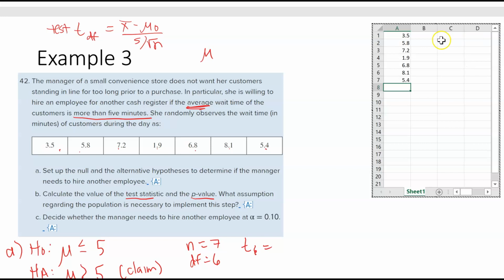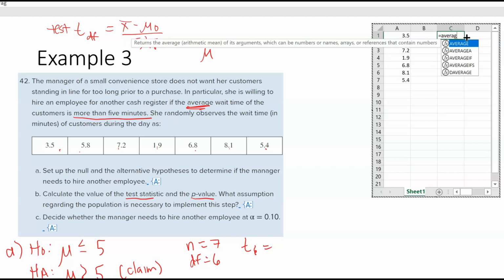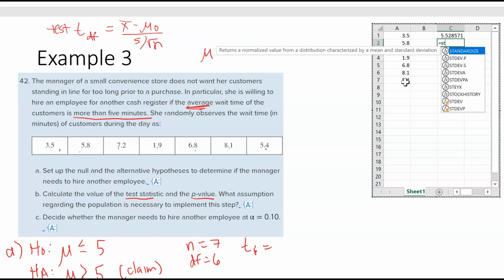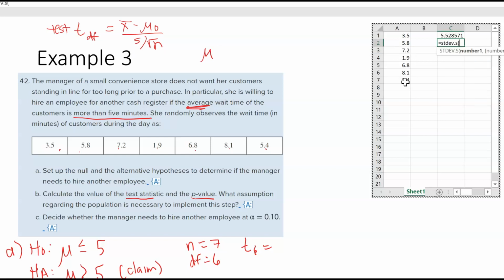All right, we need the average of these. So let's get the average. And we need the standard deviation. All right, so the test statistic is going to be equal to the average minus the mu in question divided by the sample deviation.